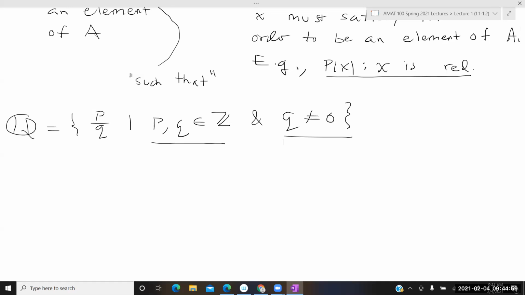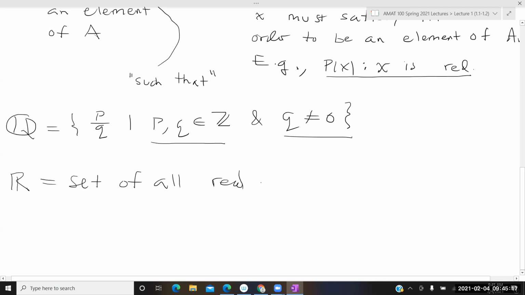And then finally, R really can't be defined, which is sort of weird. R is the set of all real numbers. Without some really advanced mathematics, you can't really define R. It's the set of all real numbers.